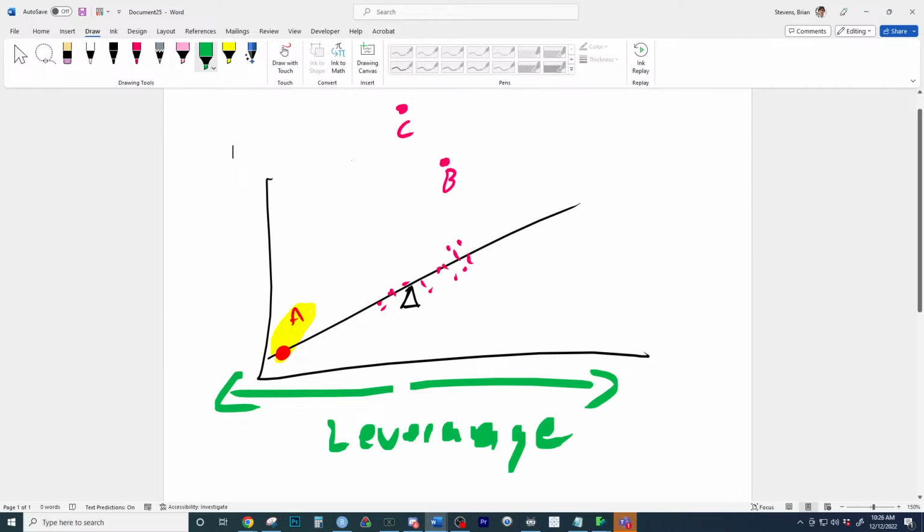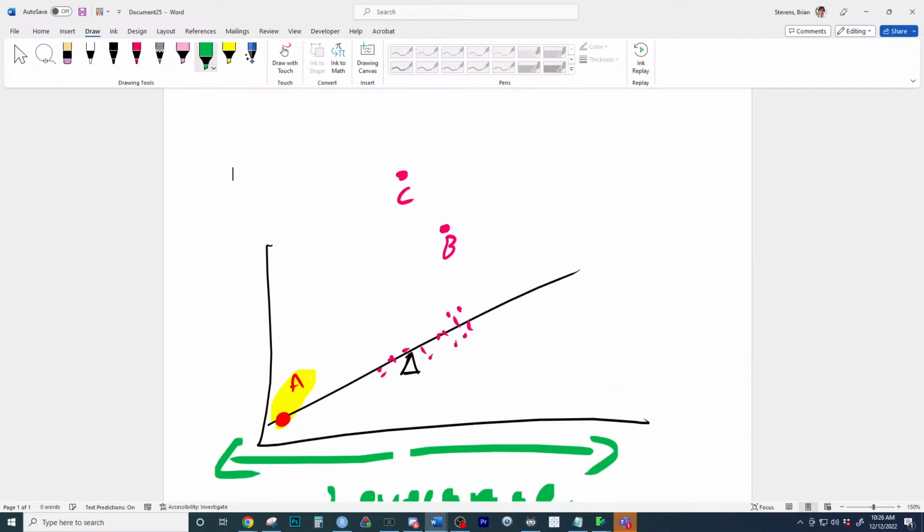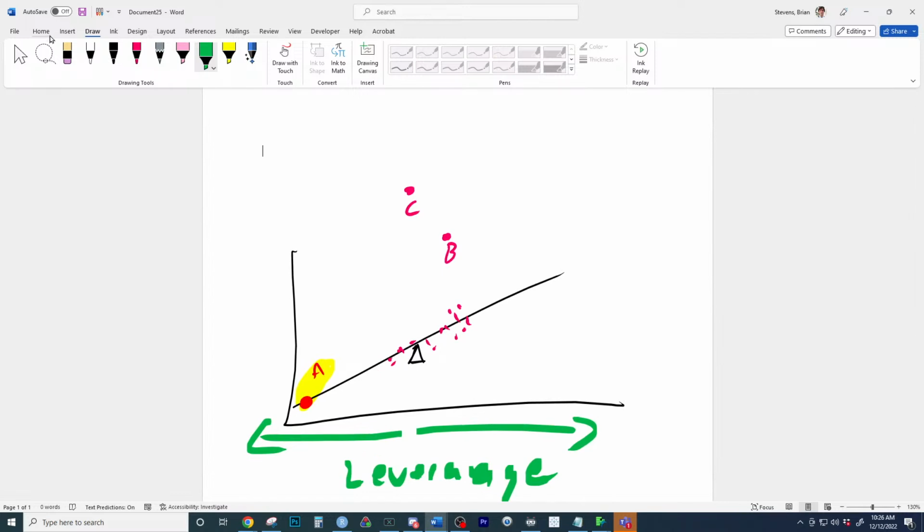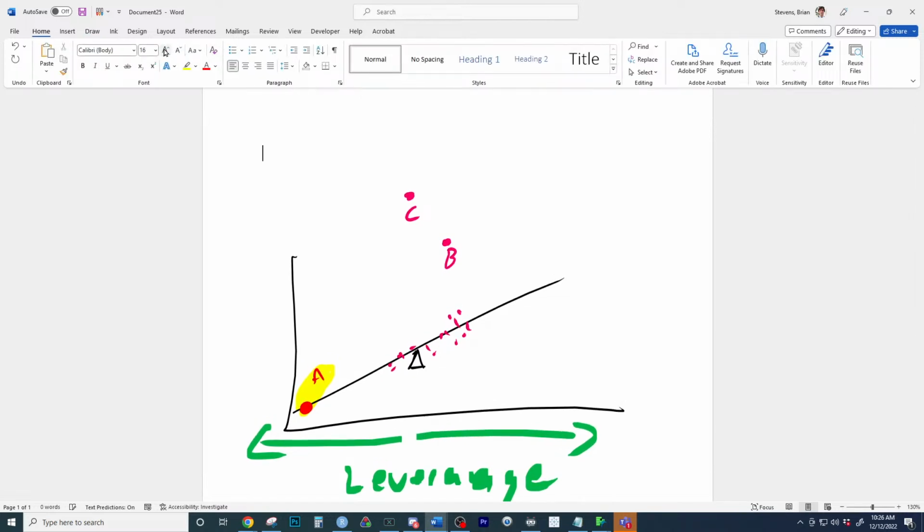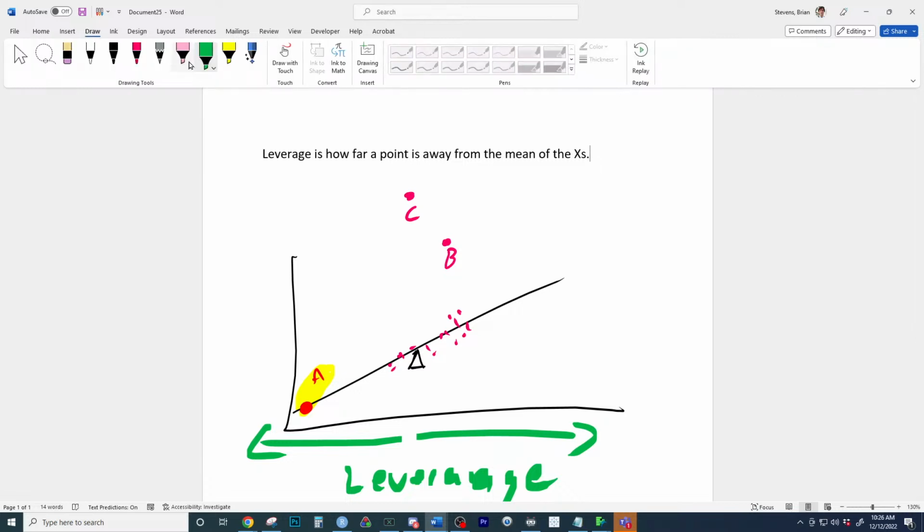What does this fulcrum here represent in my diagram?